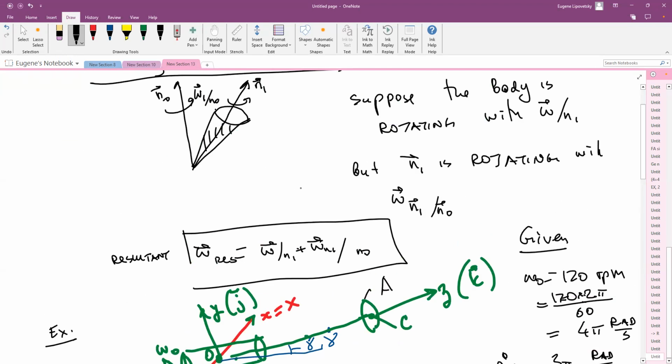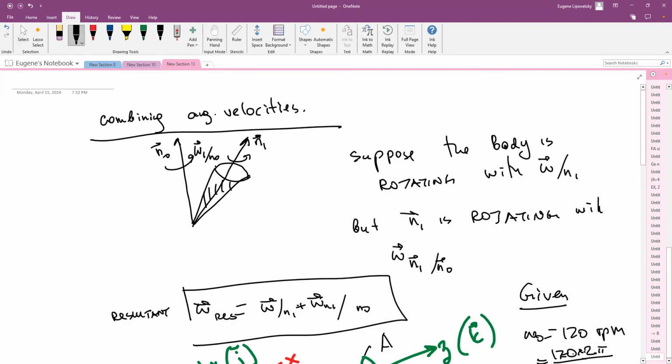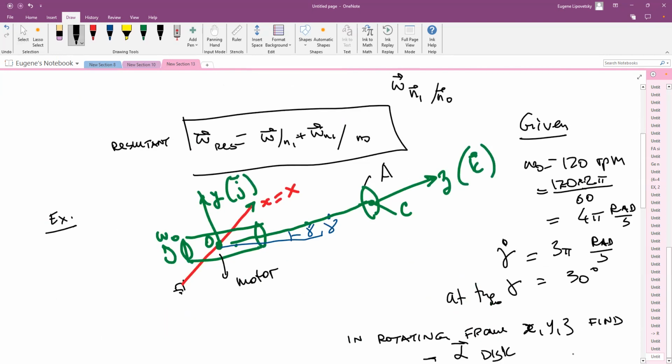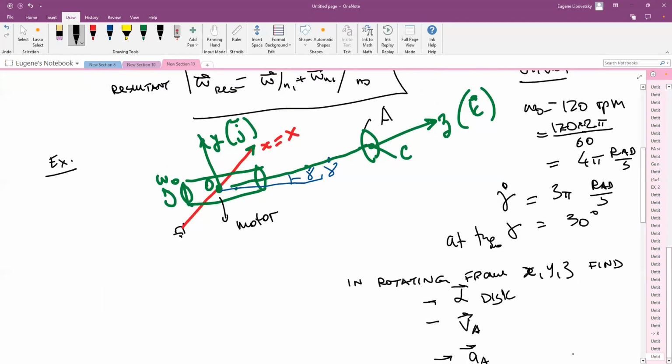Let me write it down. I forgot to write down here that OC, this is C, this is O, so OC equals 10 inches, all right? And the radius of the disk equals AC, and that's 5 inches.